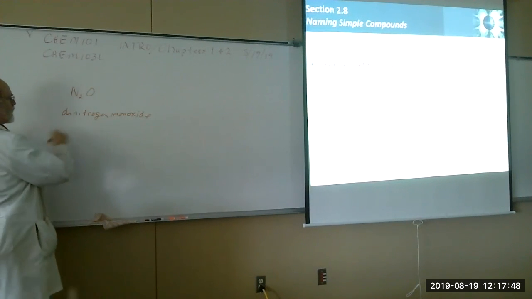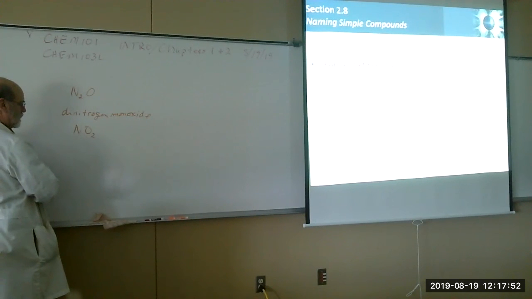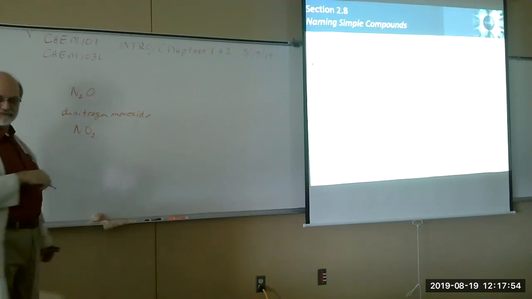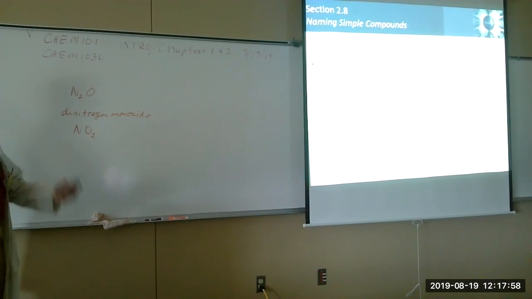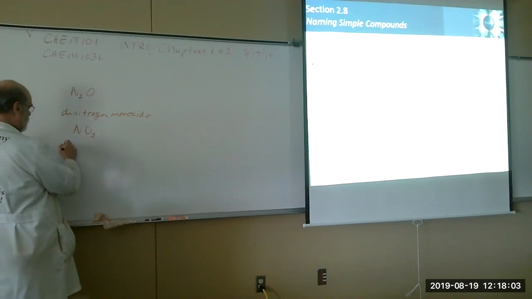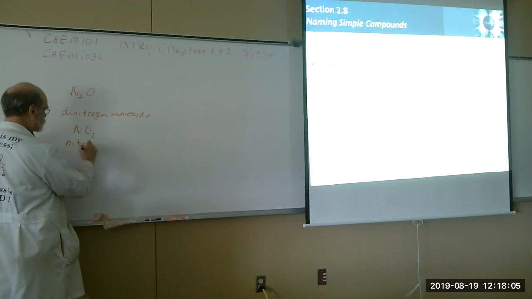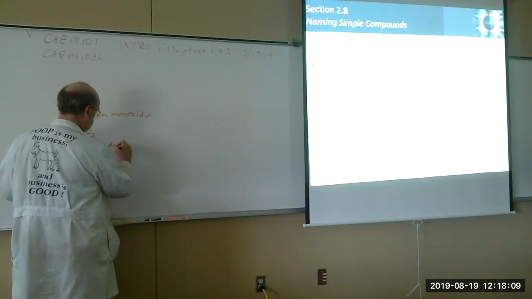Except if we had this one, we don't say mononitrogen. It just doesn't flow right. Chemistry still has some aesthetic qualities that we cling to. So we would say nitrogen, and it's understood to be only one, nitrogen dioxide.